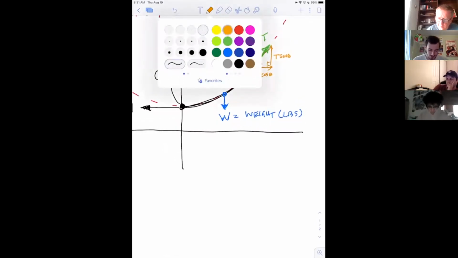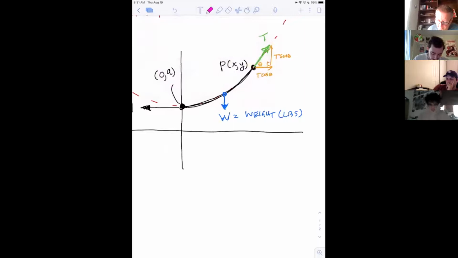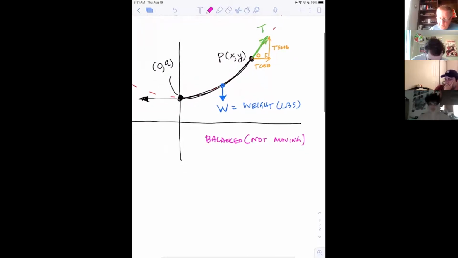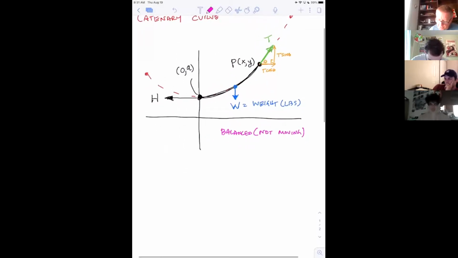And so for everything to be balanced, AKA not moving, or as we say in engineering, in equilibrium, would you agree that two things have to be true? One, H has to be equal to T cosine of theta. Do you see that in the picture? In other words, H is pulling left with, say, 40 pounds of force.